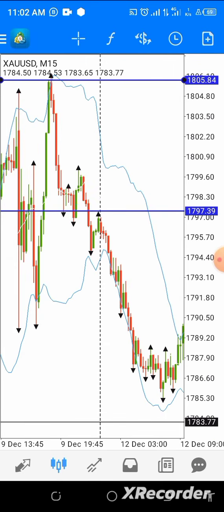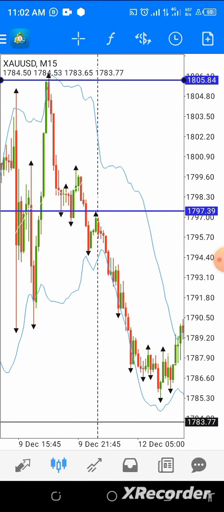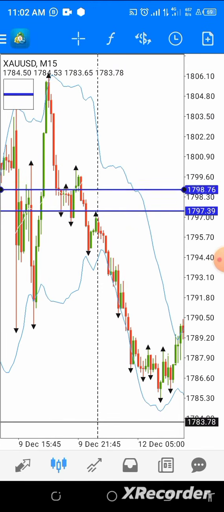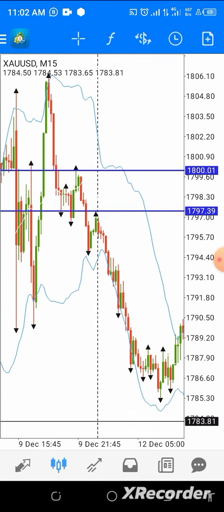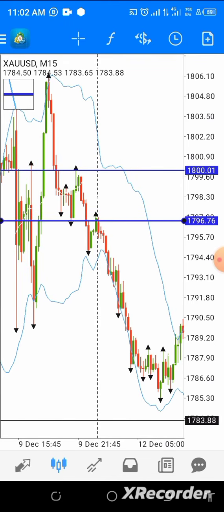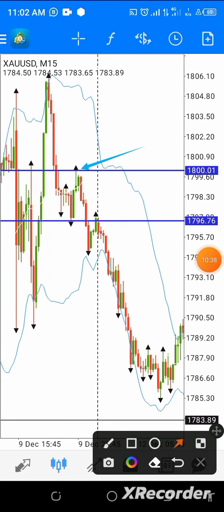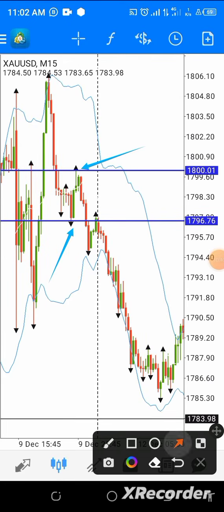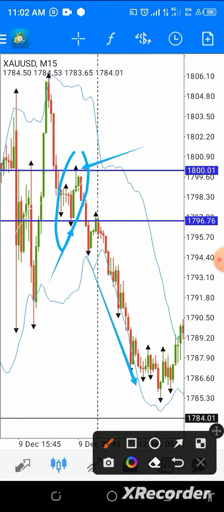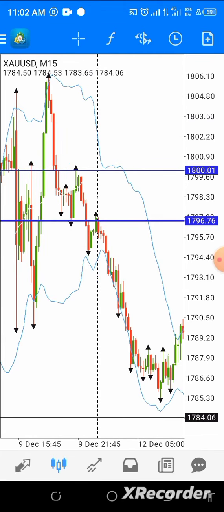Let me use the recent fractal here. This is your recent fractal before this move, and this one is also your recent fractal. I mean this fractal here and this fractal here before this move are your recent fractals. These two fractals are your recent fractals before this move begins.